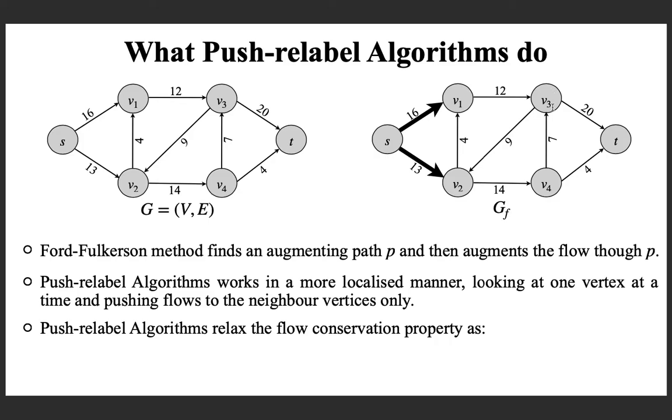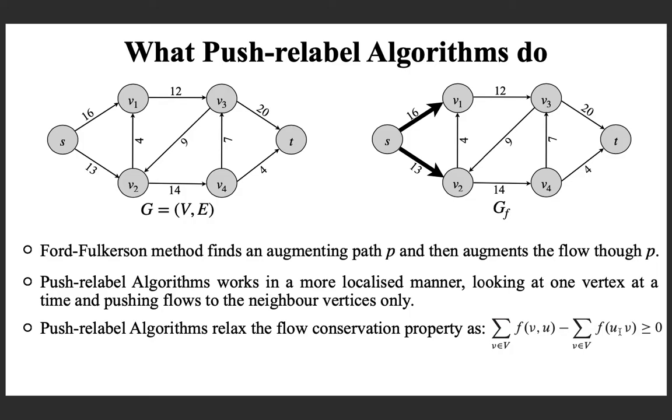That is an essential property of a flow, and push relabel algorithms relax it as follows. It says that the total flow going out of that vertex minus the total flow coming to that vertex must be greater than or equal to 0.